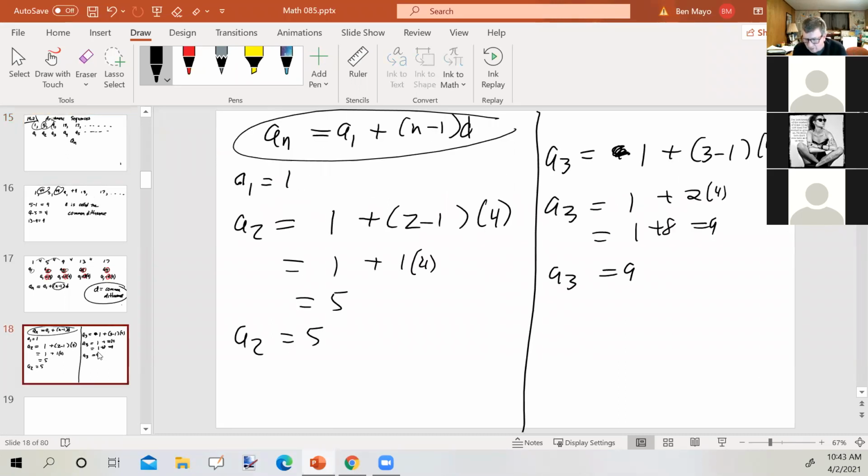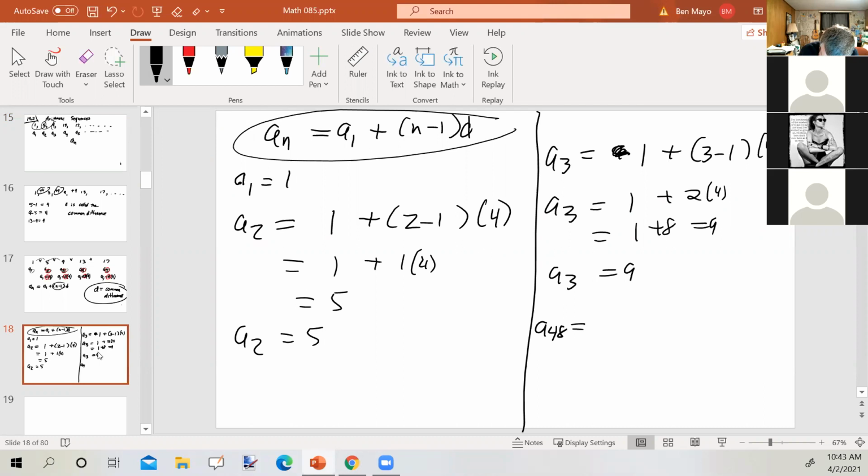And you might be saying, well, why go to all that trouble? Can't you just take a number and add 4 and get the next one and add 4 and get the next one? Yes, you could. But what if I want to know the 48th term in the sequence?